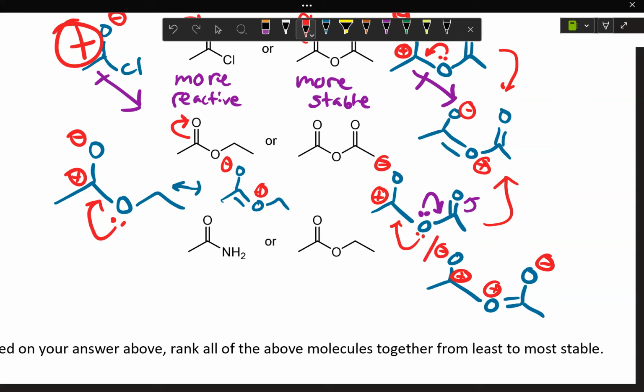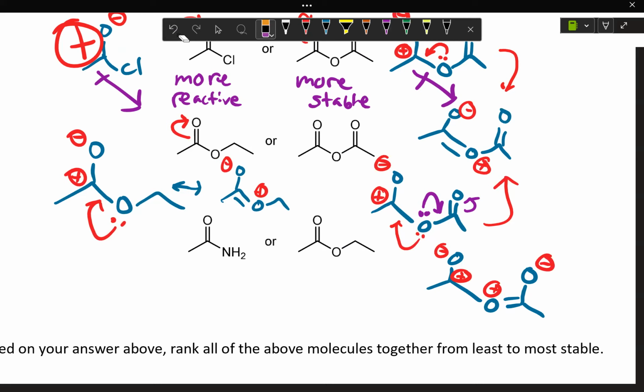So how stable is this resonance structure actually? We went from 2 charges in this molecule to 4 charges in that molecule. So does that resonance structure help? No, it doesn't help at all.